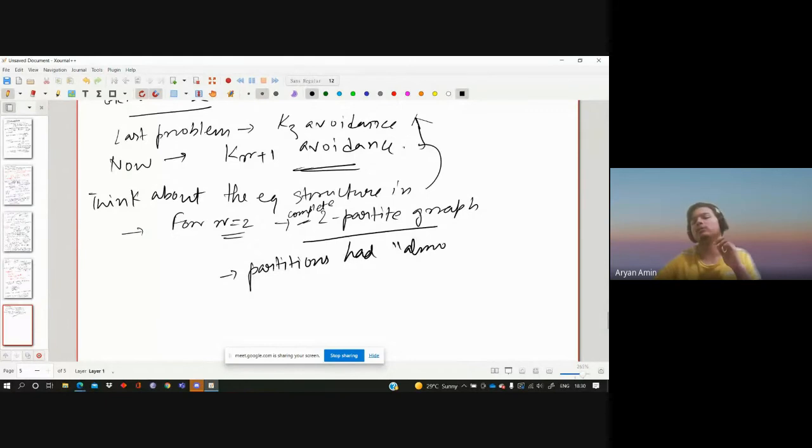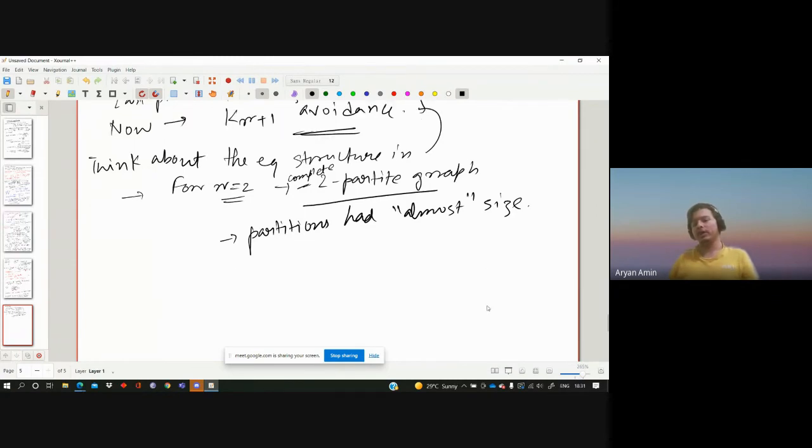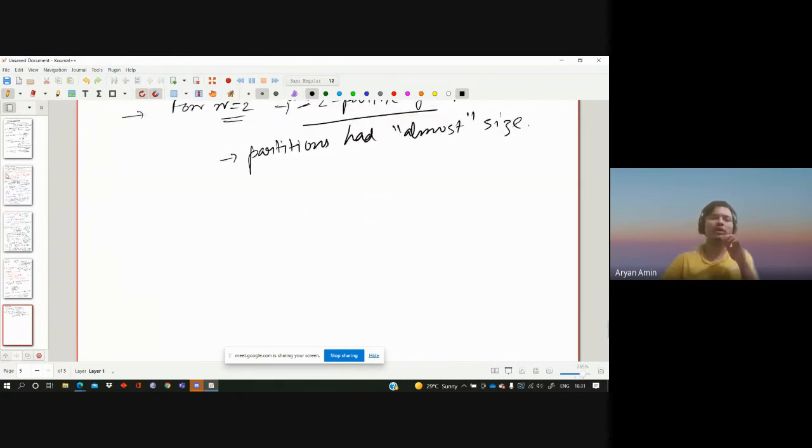For the n even case they were the same size, but for the n odd case they differed by 1. So motivated by this, we will make a guess for the K_{r+1} case. What will be the guess?